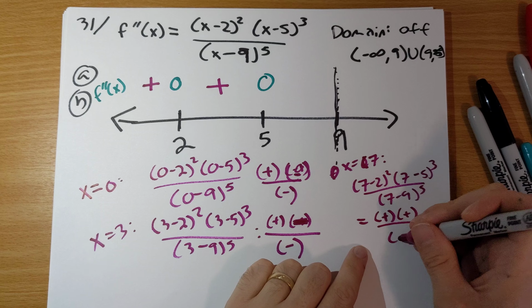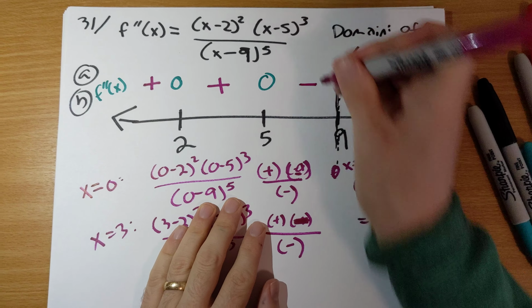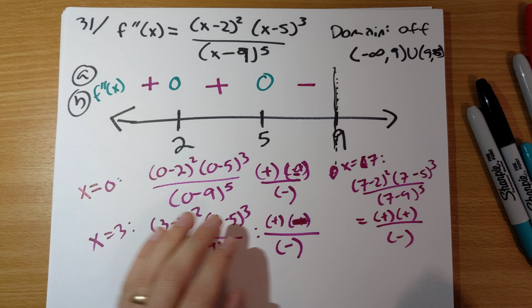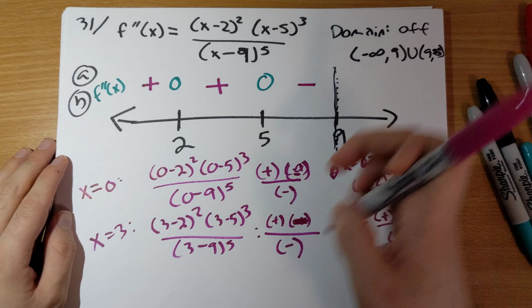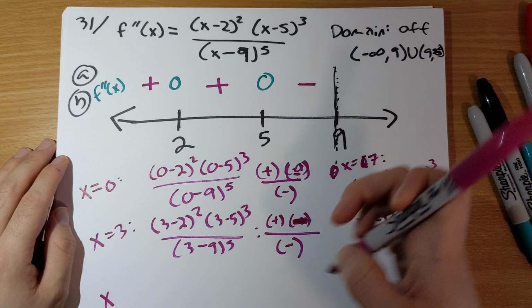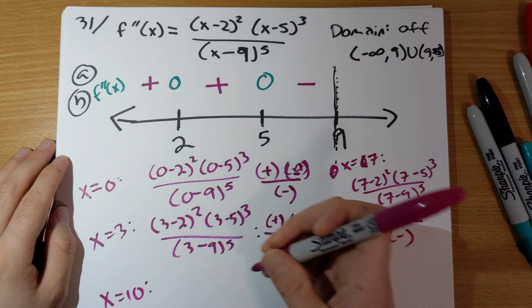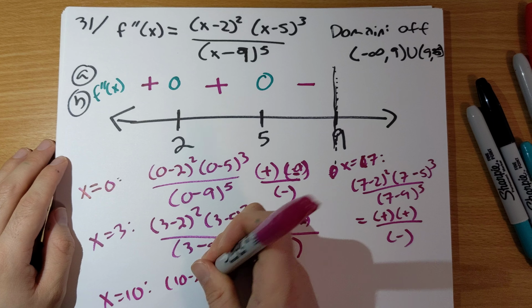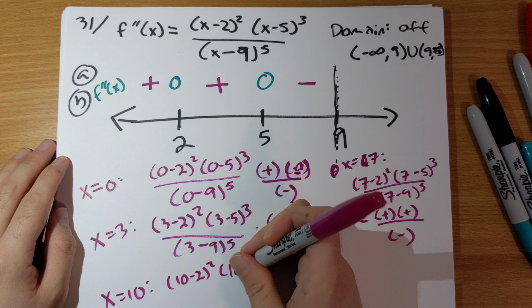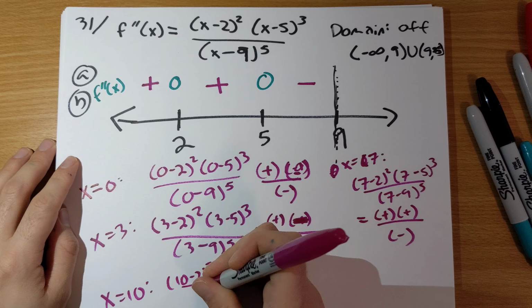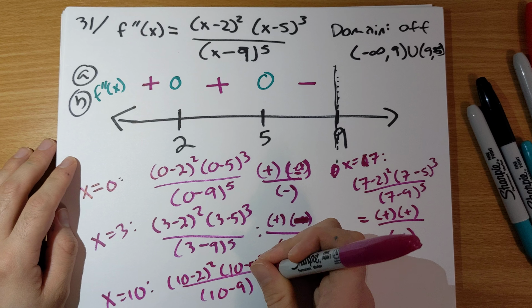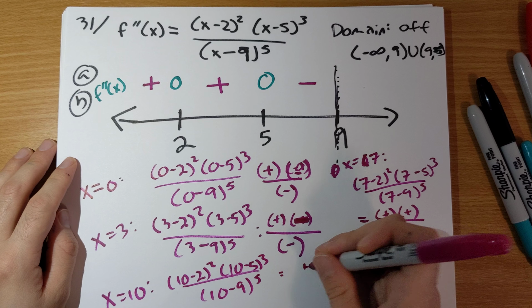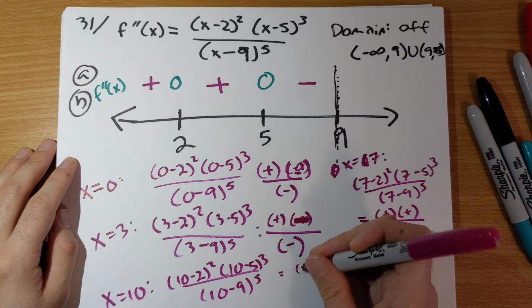The denominator would be negative here, so we end up with something negative. And then finally, what if x is bigger than 9, like 10? This would be (10 minus 2) squared times (10 minus 5) cubed over (10 minus 9) to the fifth. Everything here is positive, and so this is positive.